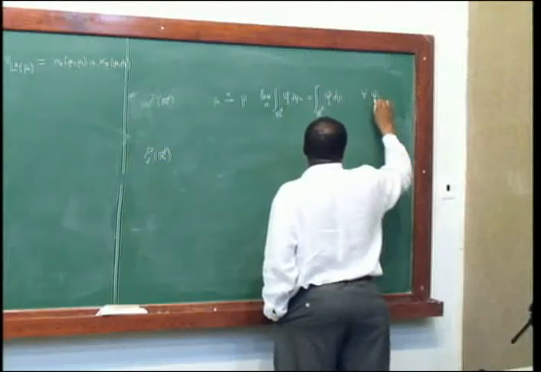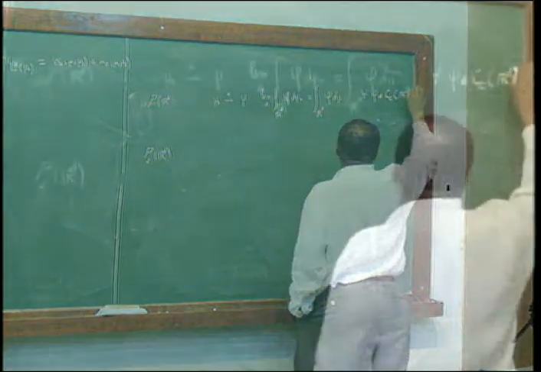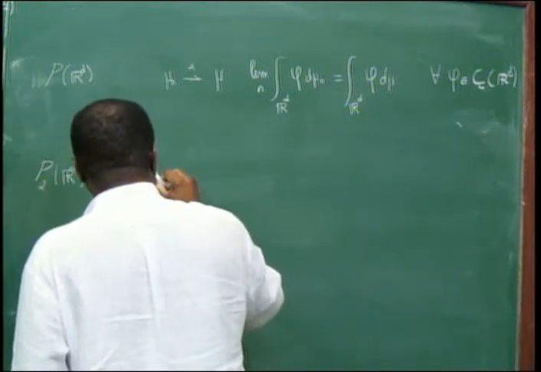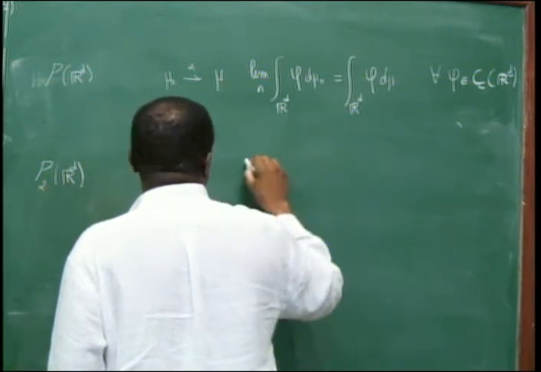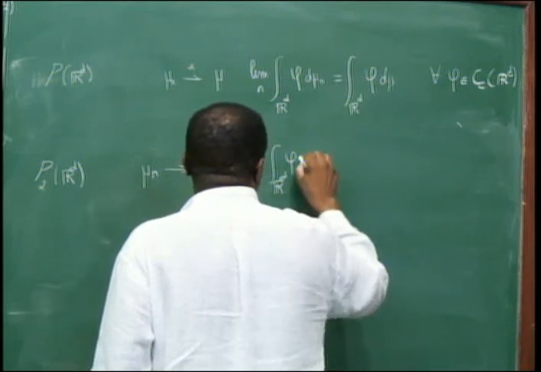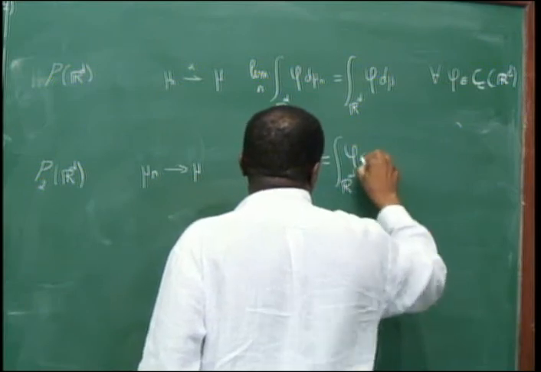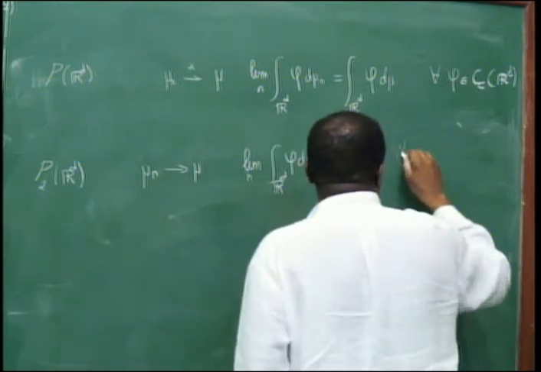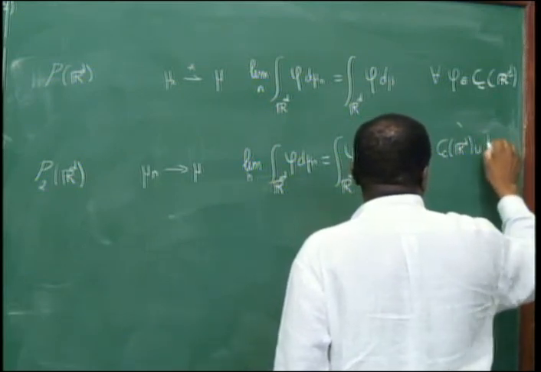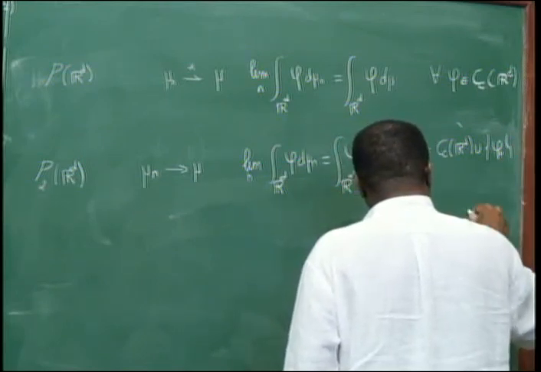And it is very important where I choose the phi: C0 of RD. Here I'm going to put a topology. Mu n converges to mu means the limit over n of the integral over RD of phi d mu n is equal to the integral over RD of phi d mu for every phi in CC of RD, union a specific one, phi naught of s equal to s squared.